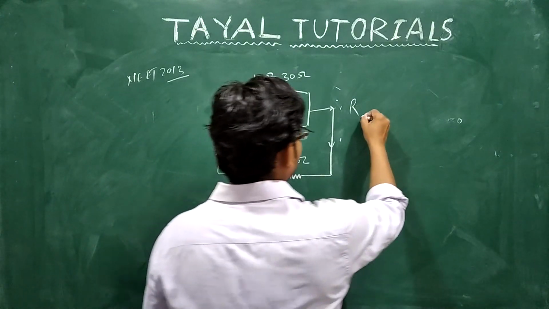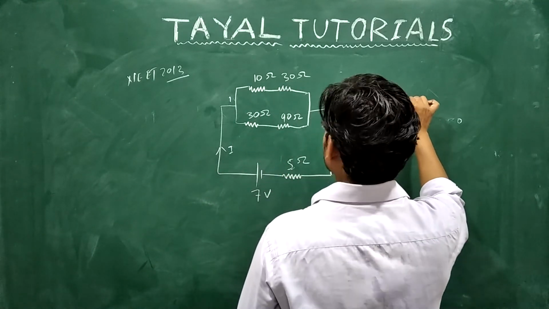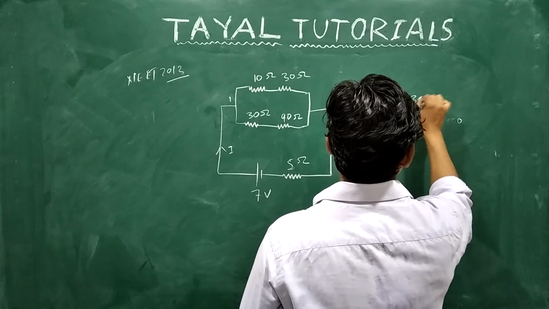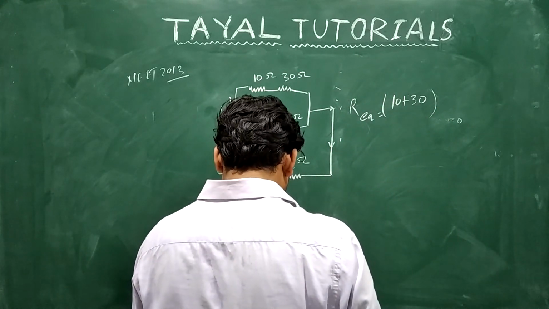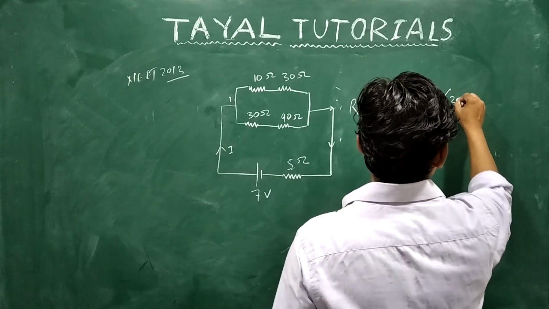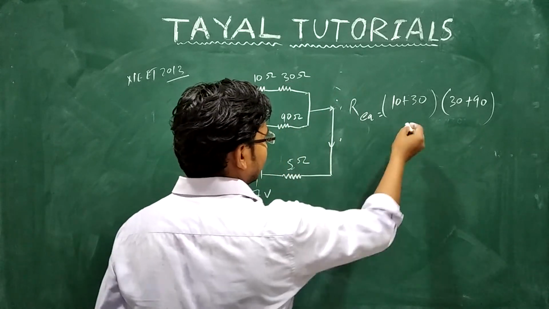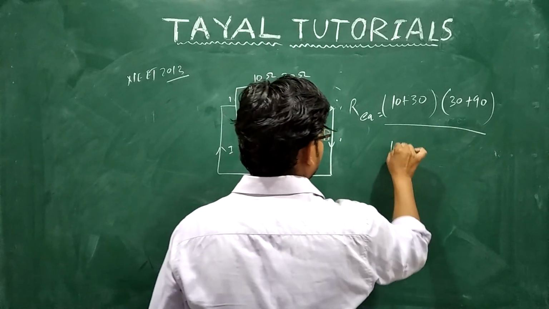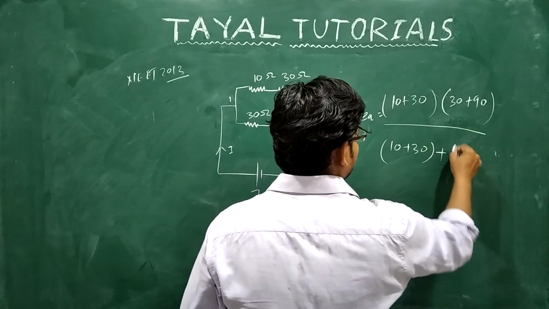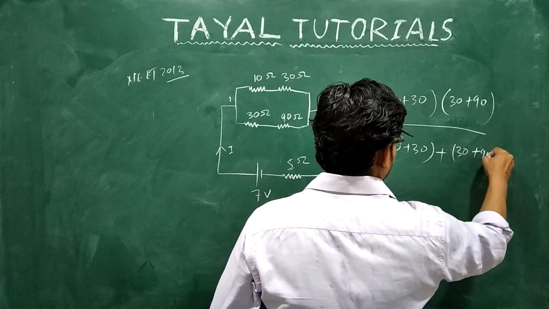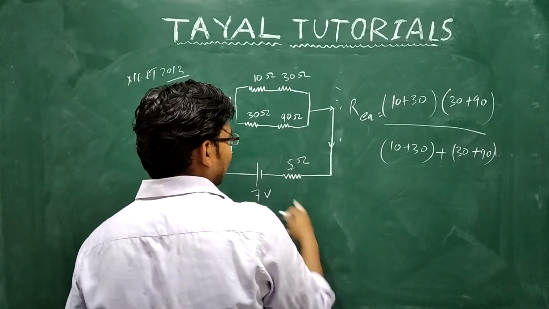So R equivalent is equal to what, 10 plus 30, that too in parallel with 30 plus 90, so these two are in parallel, plus 5 ohm resistor, because the entire circuit is in series with that 5 ohm.